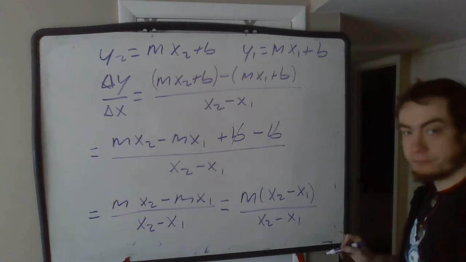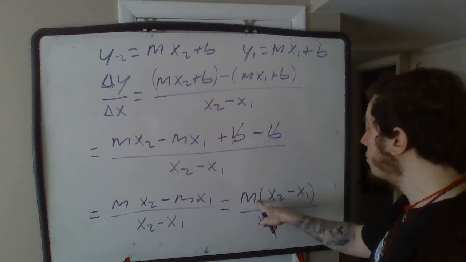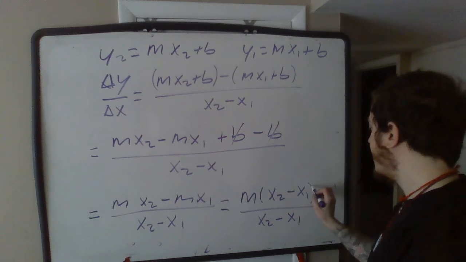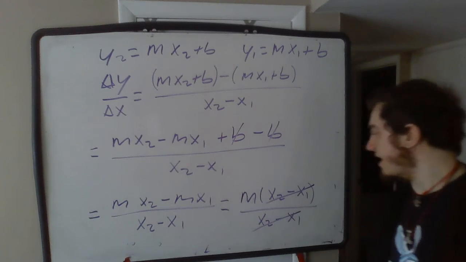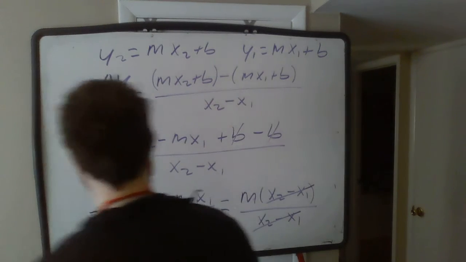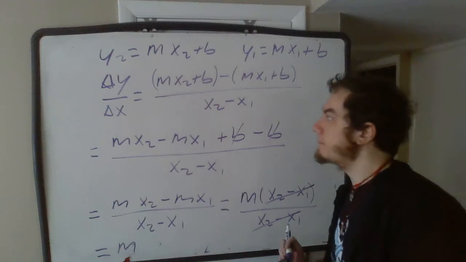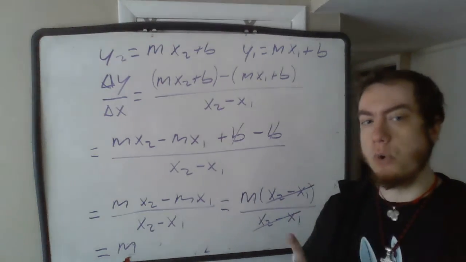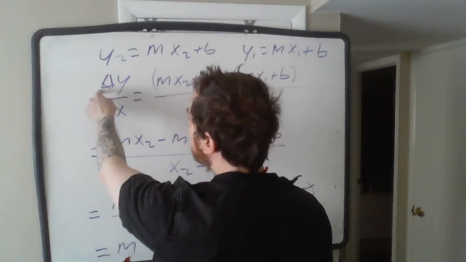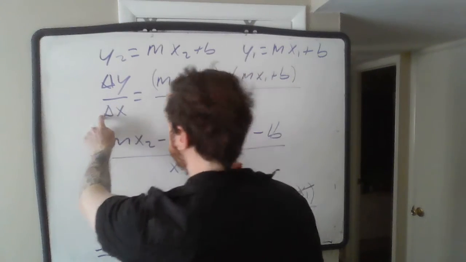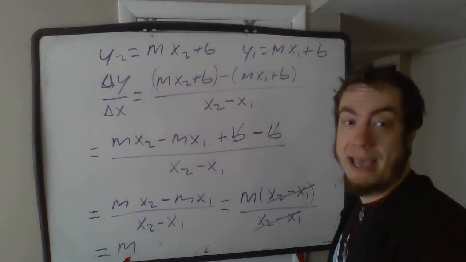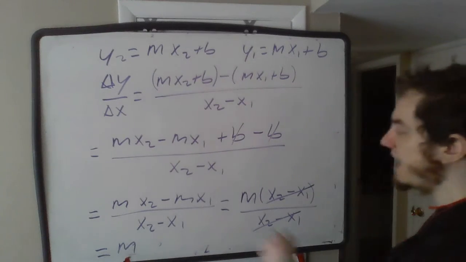Now, because the whole numerator is multiplied by x2 minus x1, I can cancel that with the x2 minus x1 in the denominator, and I get m, just m. Now, this is really cool and really important because what it tells me is that the change in y divided by the change in x is always going to be equal to m, whatever that m is.